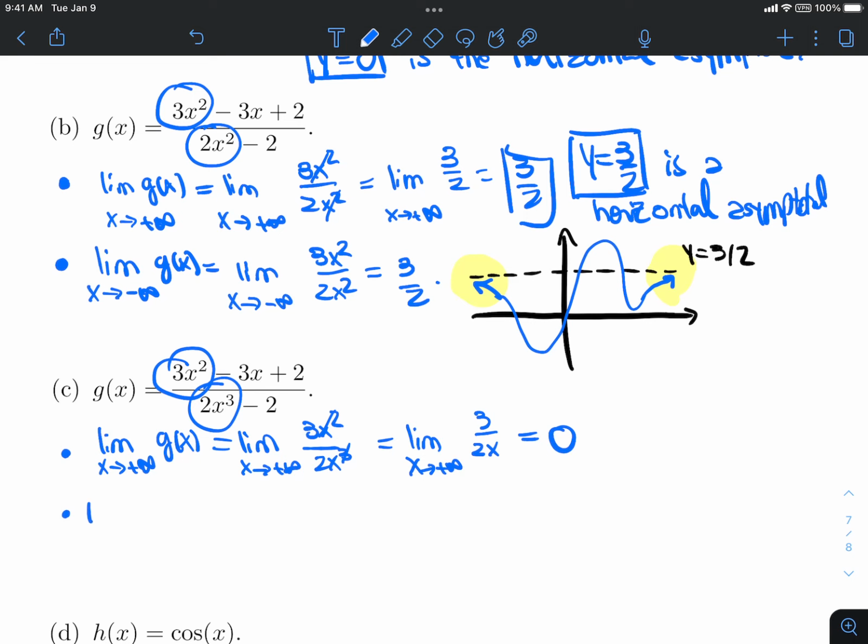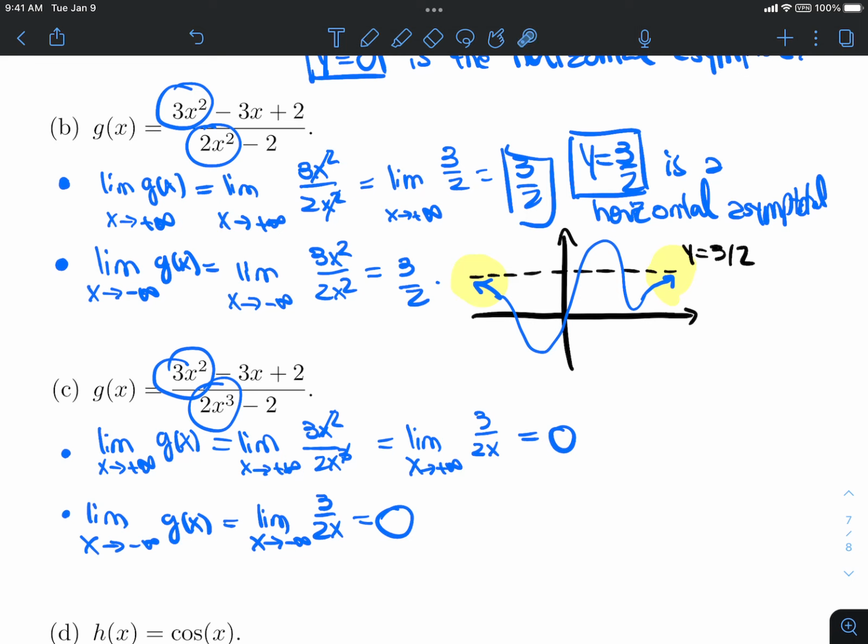If I do the limit as x goes to minus infinity of g of x, I do the same calculation. It's 3 over 2x. Now x is getting very, very negative, very big but negative, so the answer is still getting very, very small, so it's still 0.